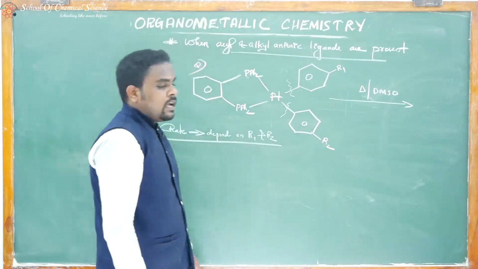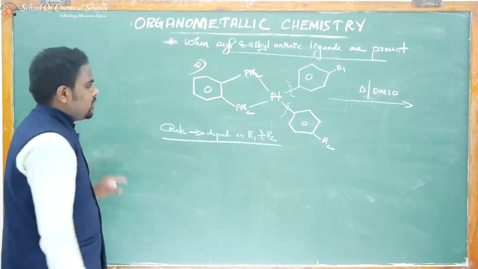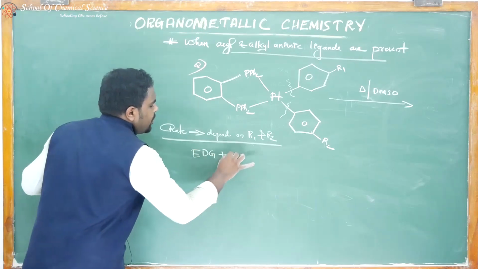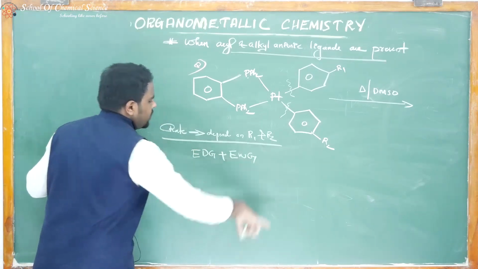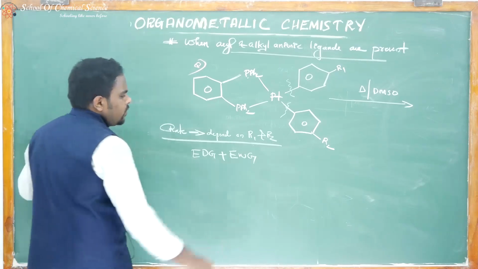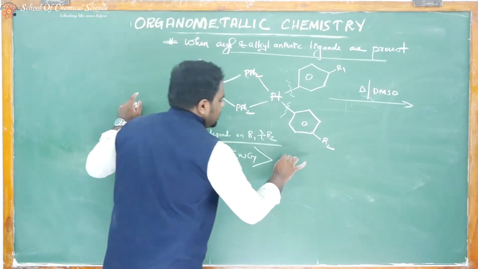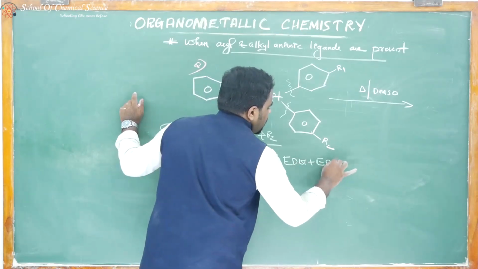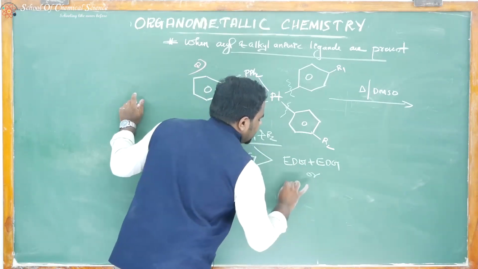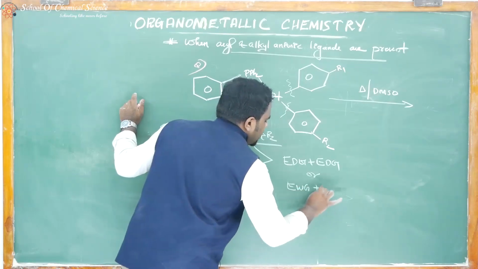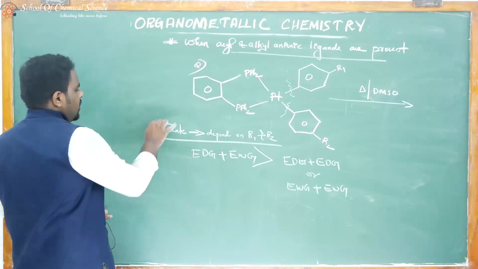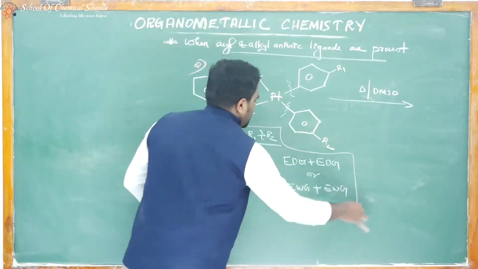If R1 and R2 are an electron donating group and an electron withdrawing group, then the rate is highest, compared with electron donating and electron donating, or electron withdrawing and electron withdrawing. So that will be the last point.